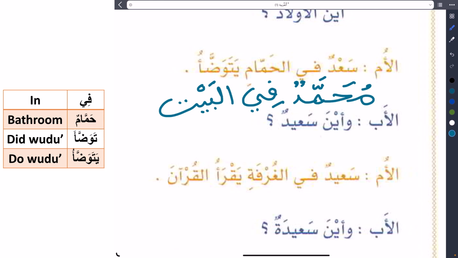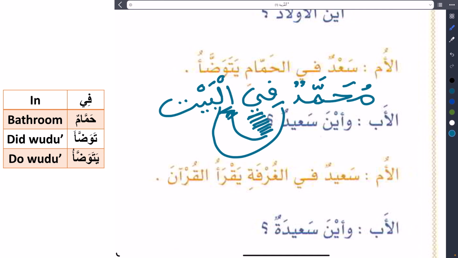Al-bayt. Notice we don't read the ya, because the next is al. So let's read it. Muhammadun fil bayt. What does that mean?